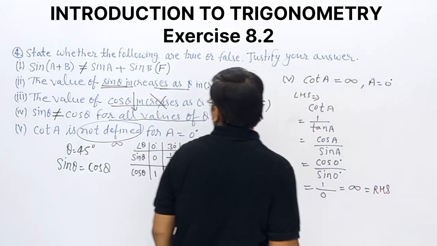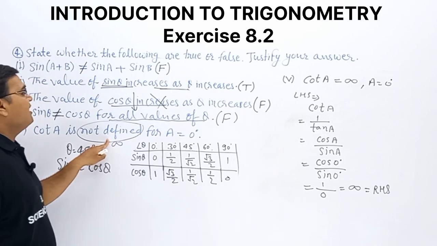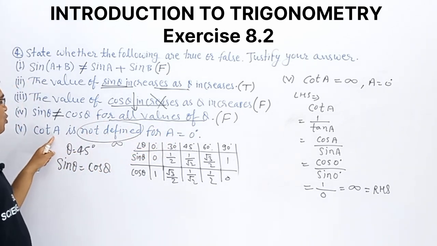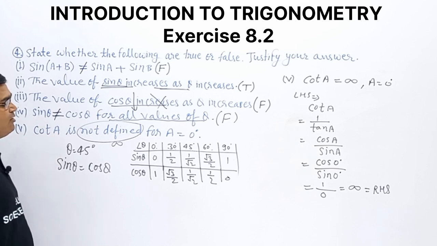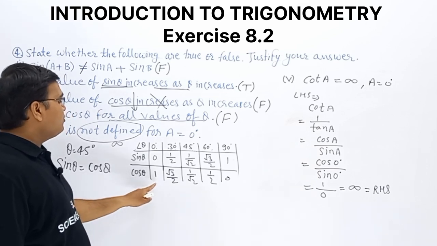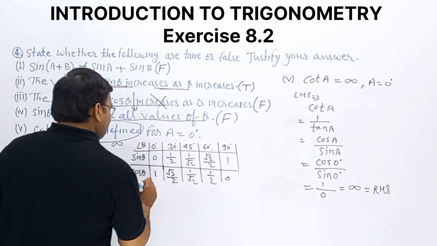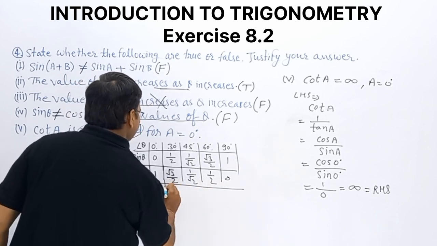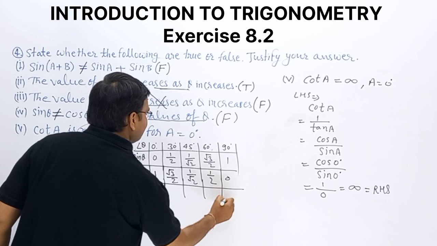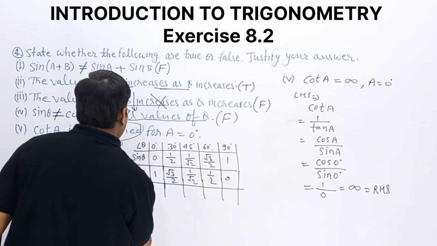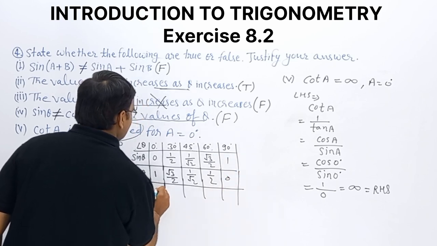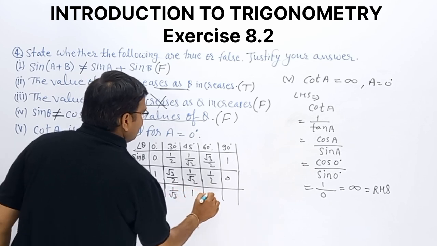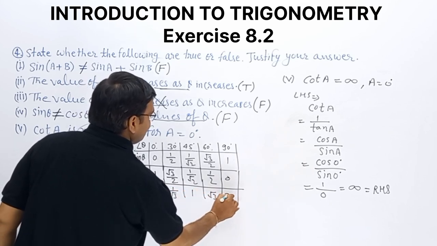So what we can say? Cot A is not defined for A equal to 0. Once A equal to 0, tangent 0 value will be 0. Tangent theta, in the next table we studied, will be 0, 1 upon square root of 3, 1, square root of 3 and infinity.